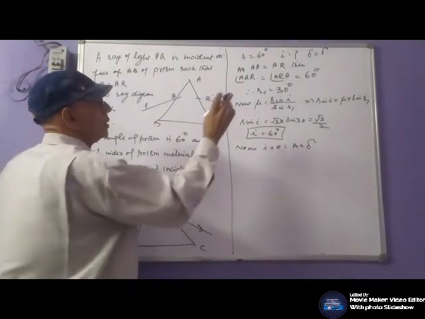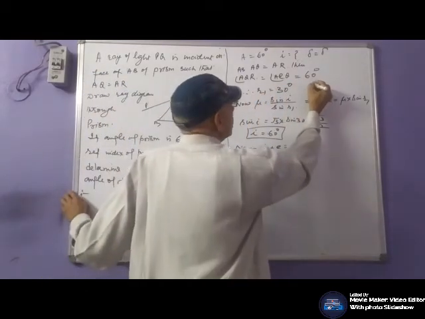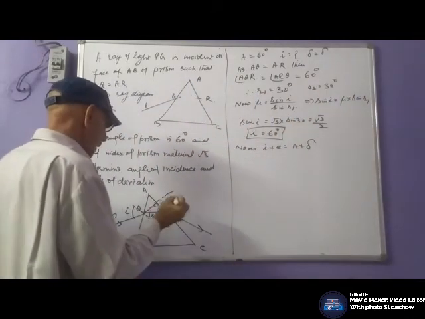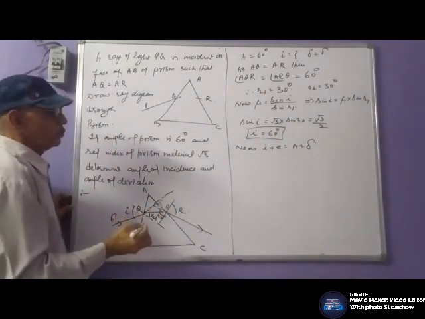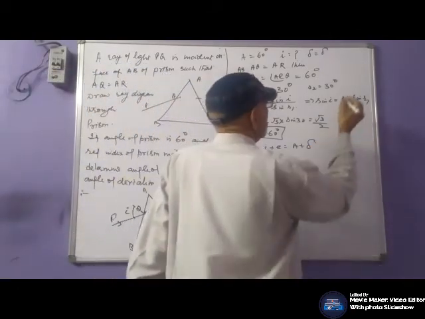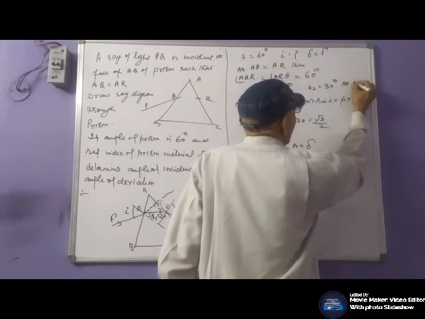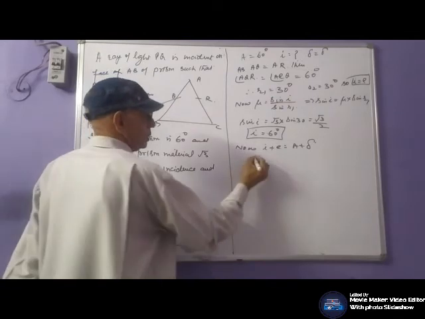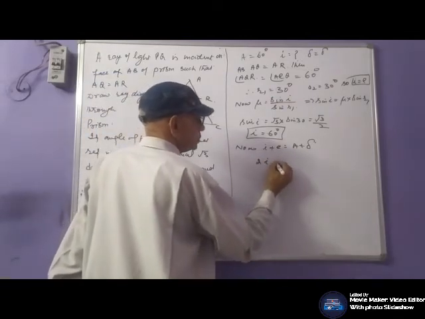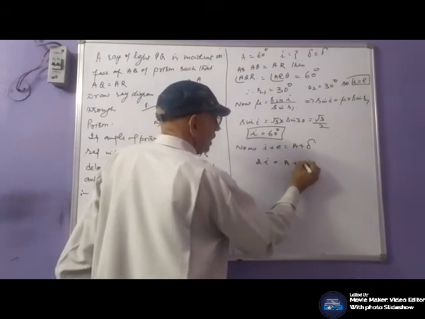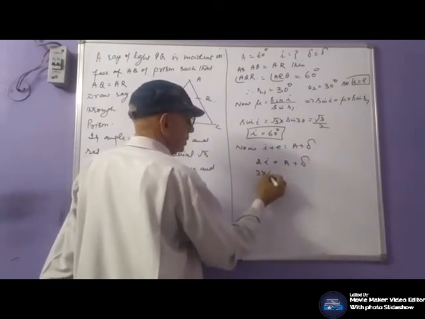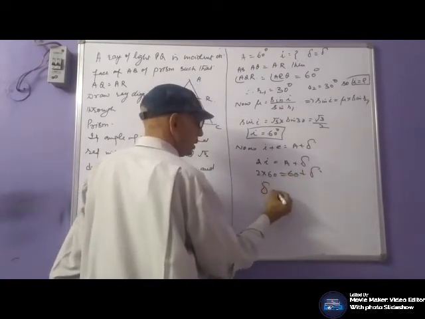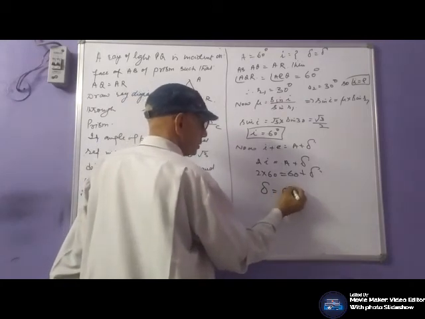Again, R2 is also 30 degree. Why? 60, 30. So I is E. 2I is A plus delta, 2I is 120, A is 60, delta, or delta comes out to be 60 degree.